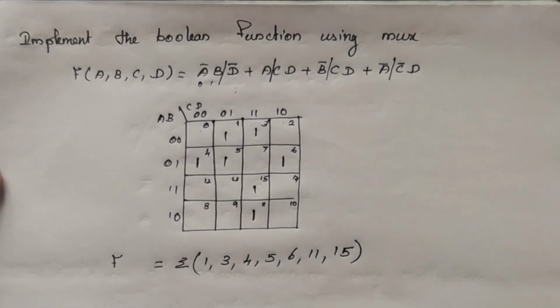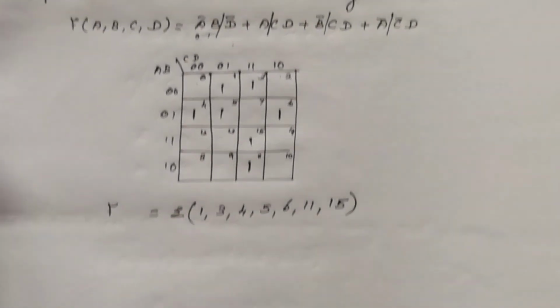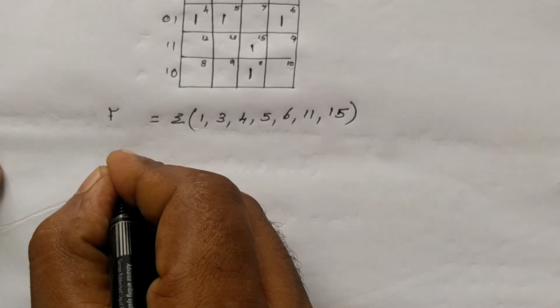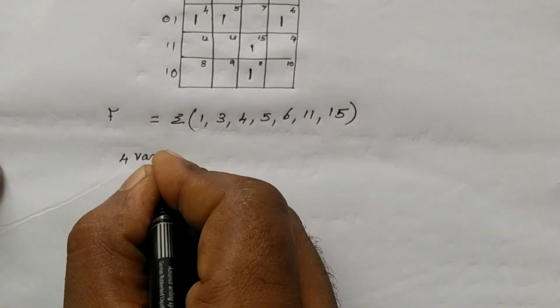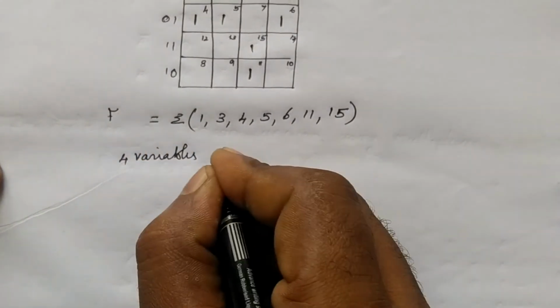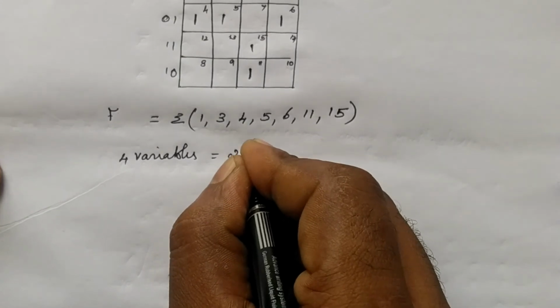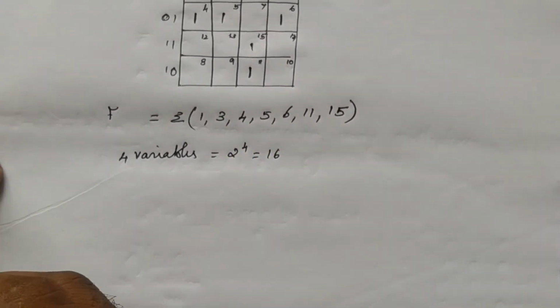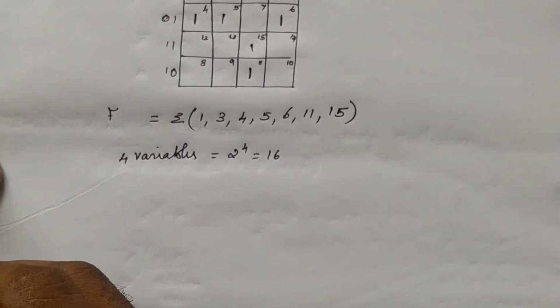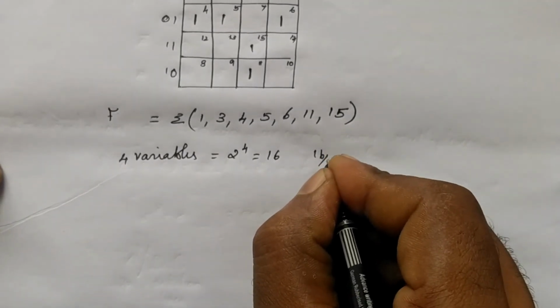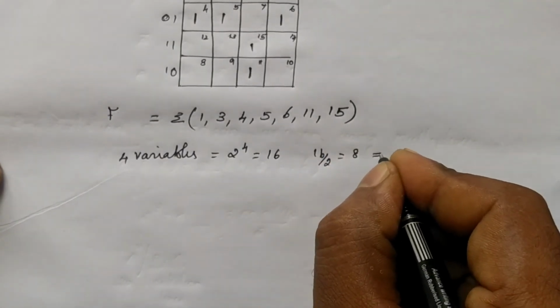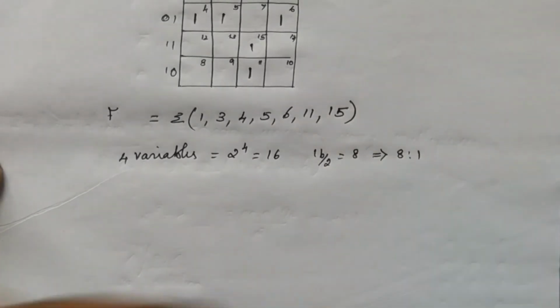Now we need to find the mux as well as its selection lines and inputs. Here it's 4 variables, therefore 2 power 4 means 16, so we will have 16 input combinations. 16 by 2 is equal to 8, therefore we need to use an 8 is to 1 mux.